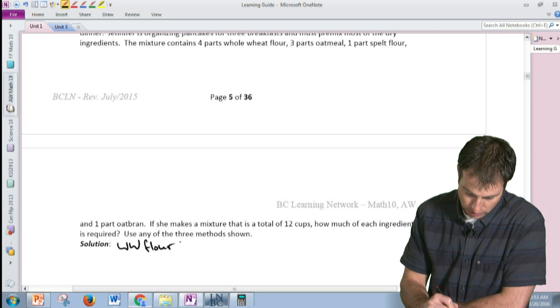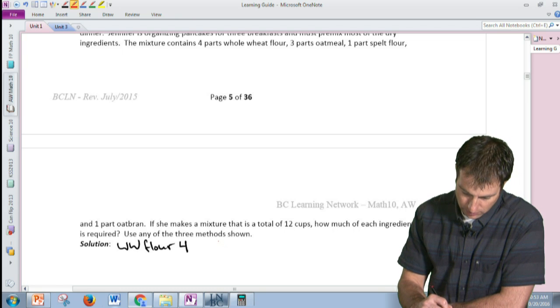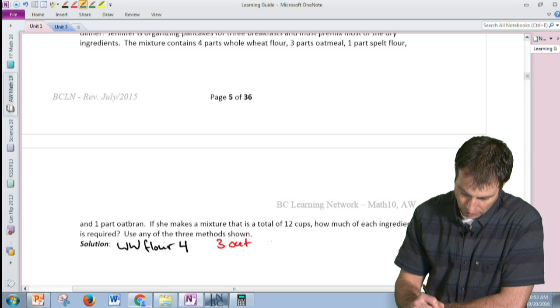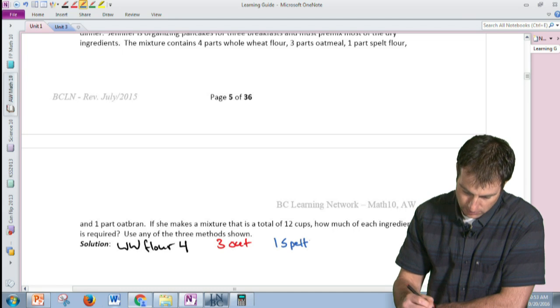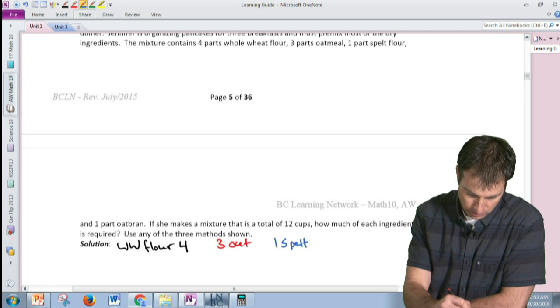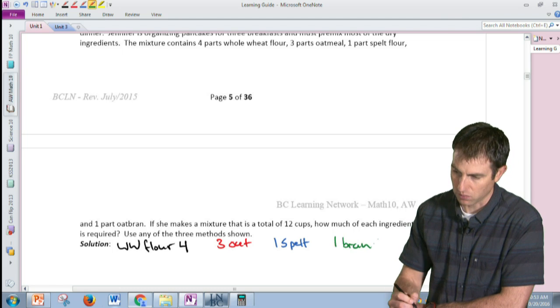We have 4. We have 3 oat. We have 1 spelt. I'm learning about all new kinds of flour today, if nothing else. And 1 part oat bran. I'll just call it bran so I don't get too confused.